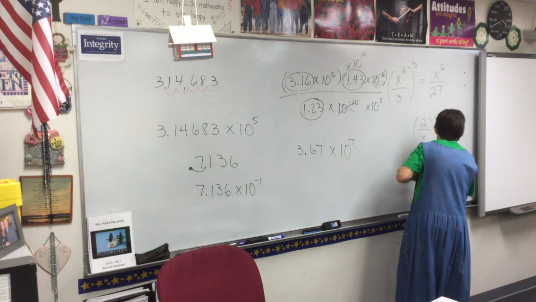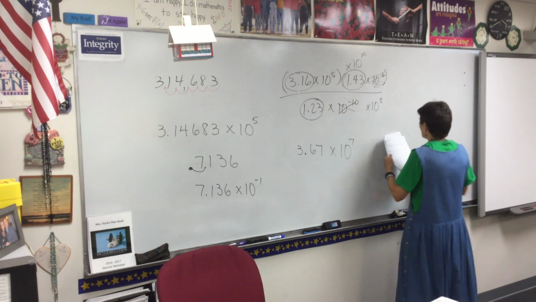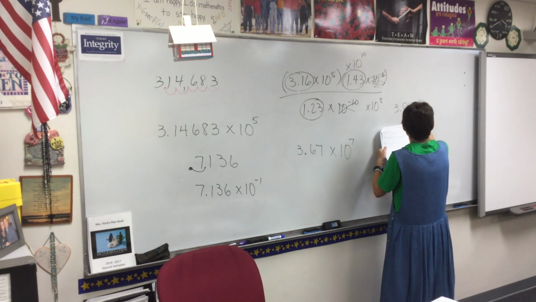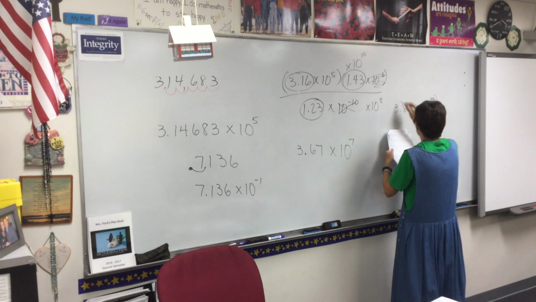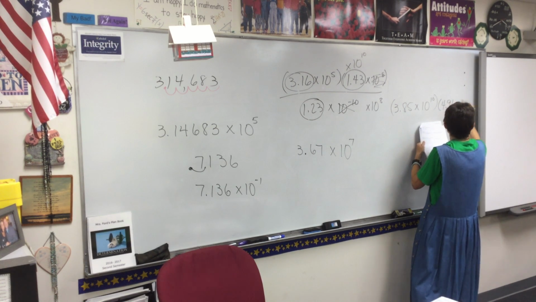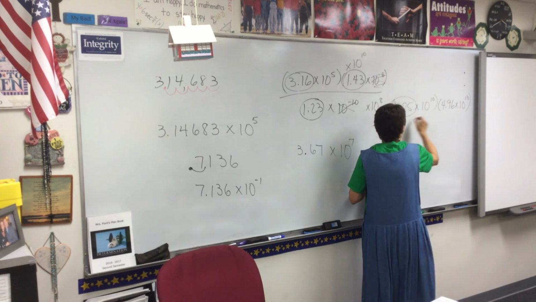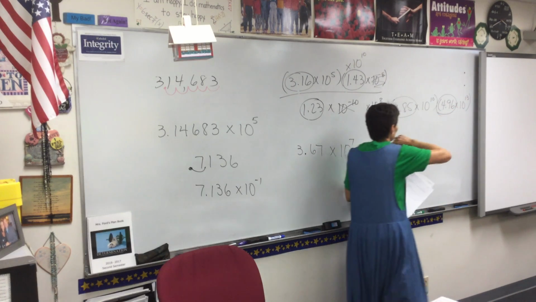Now, this next one is really tricky. Looks easy, but it is tricky. So let's go one piece at a time. Multiply 3.85 times 4.96 on your calculator, please. Just the numbers. Forget the tens, we do them separately.